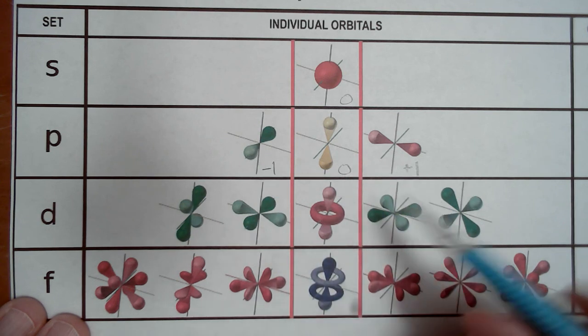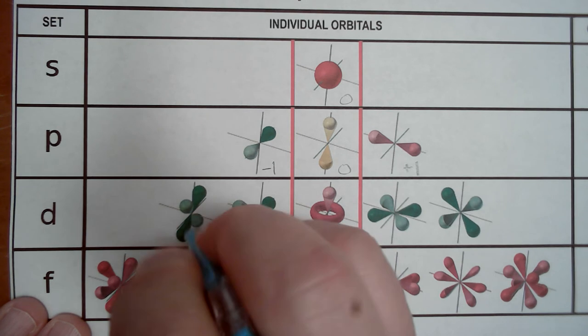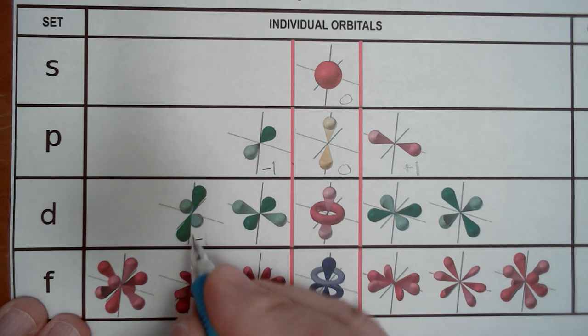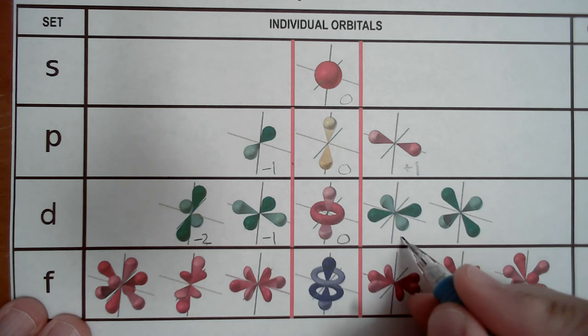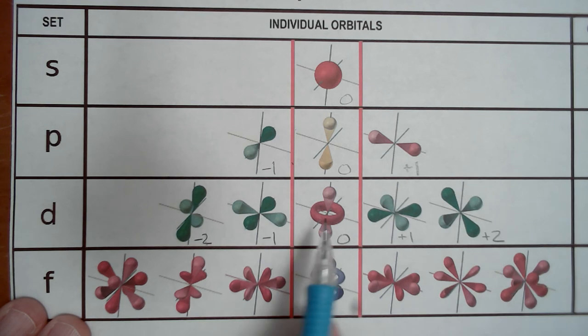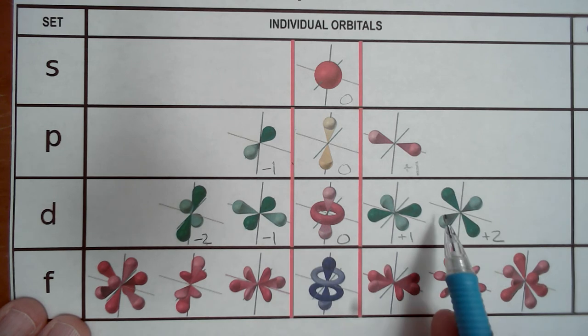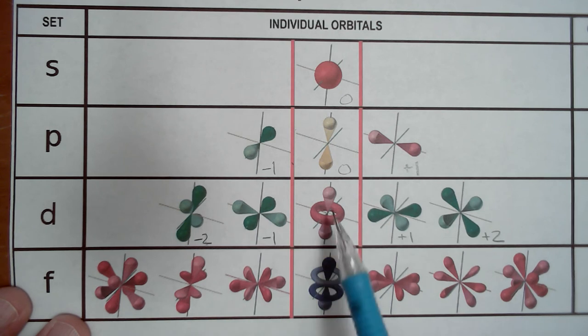And then the D has a -2, a -1, a 0, a +1, and a +2. 1, 2, 3, 4, 5 orbitals. I say they look like clovers, except for this 0 orbital.